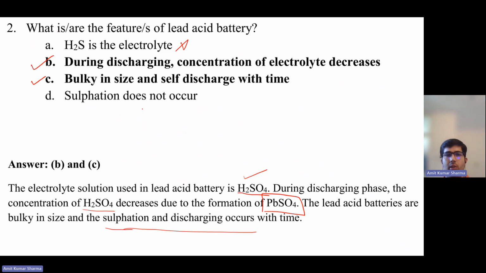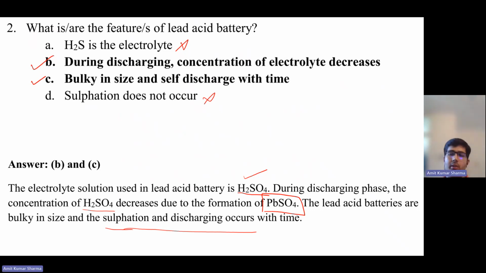Option D, sulfation does not occur, is wrong because with time sulfation also occurs. So the correct answers are options B and C: lead acid batteries are bulky in size and self-discharge with time, and during discharging the concentration of electrolyte decreases.